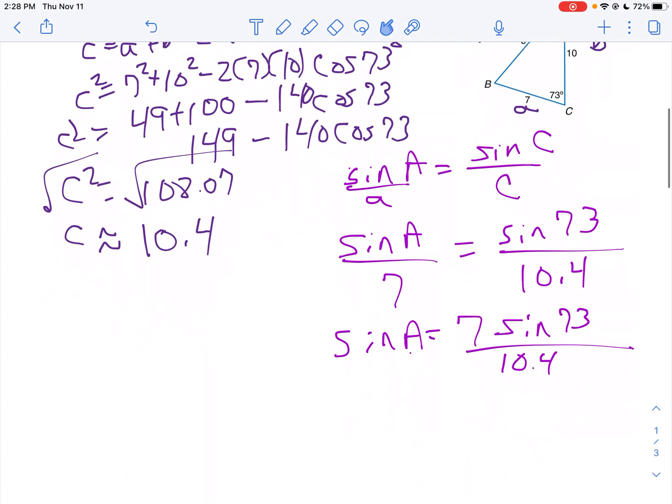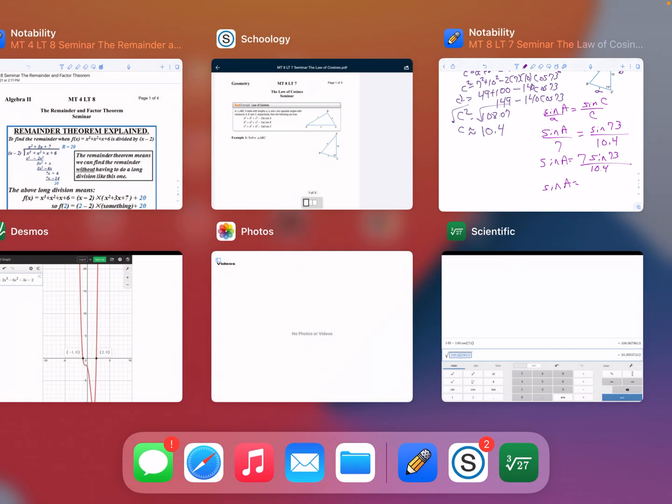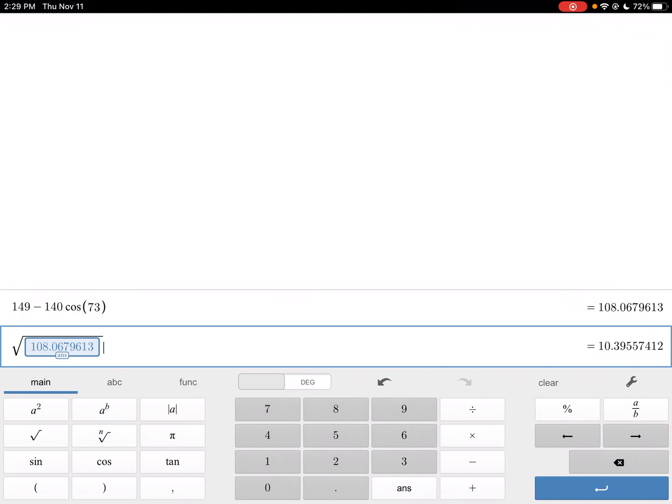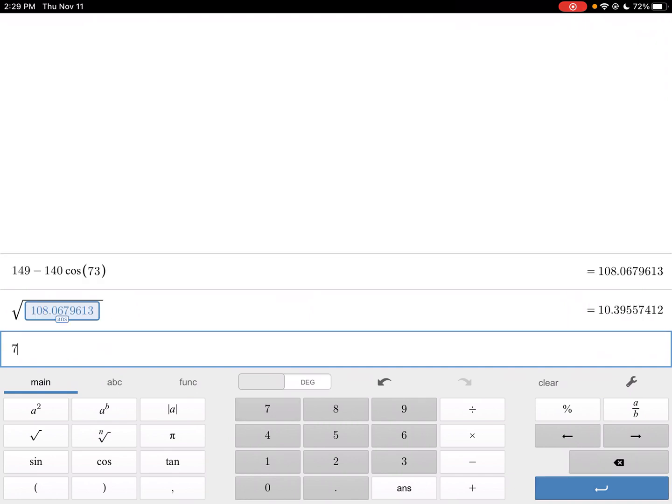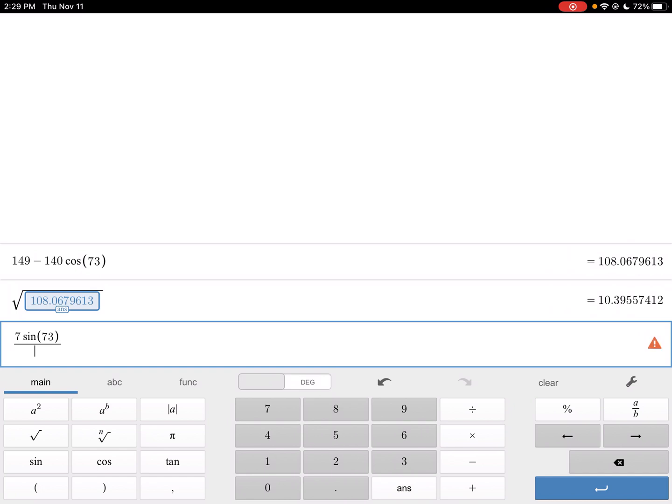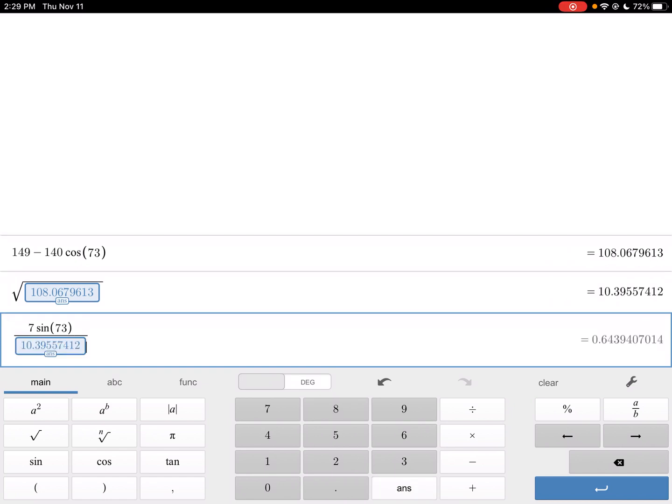So I'll use that in my calculator now. The sine of angle A: if I take 7 times the sine of 73, and then divide that by 10.4, I get about 0.64.